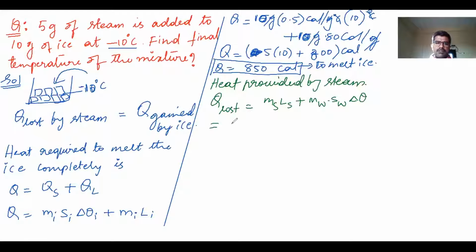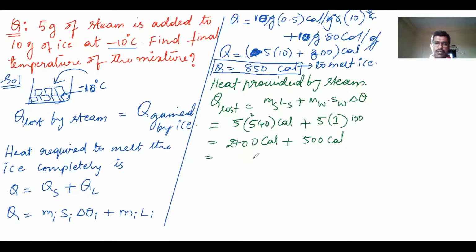Q lost will be mass of the steam is 5 gram, latent heat of steam is 540 calorie, plus mass of the water, 5 gram getting converted into water, so it will be 5 gram into 1 into delta theta, that is from 100 degrees Celsius to 0 degrees Celsius. This becomes 0, 5 4s 20, 5 5s 25, 25 27, 2700 calorie plus 500.